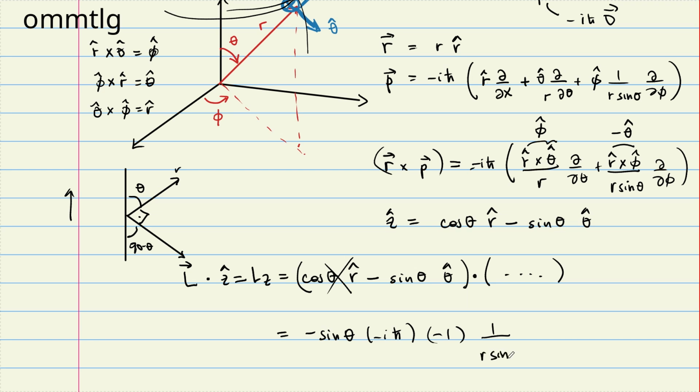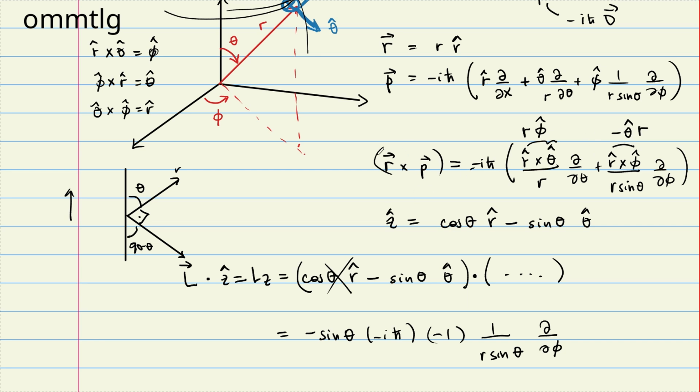This is R sine theta, and this is del phi, right? And I think I missed an R factor here. Oh, this is R cross P. This is R times, and this is R times, right?